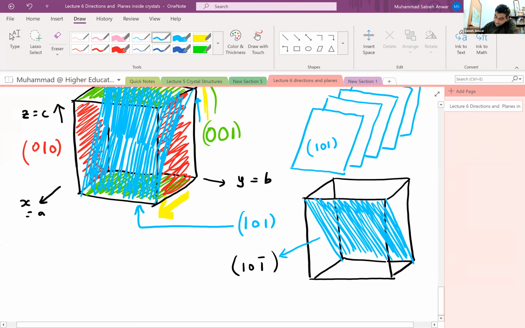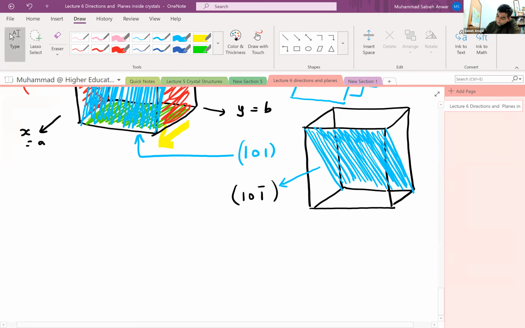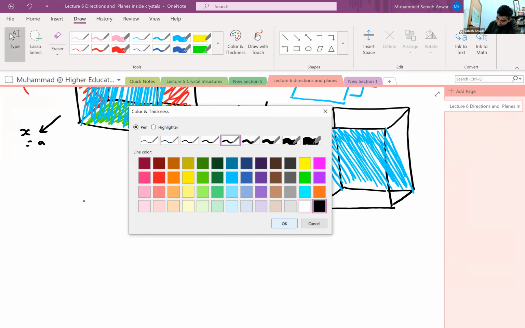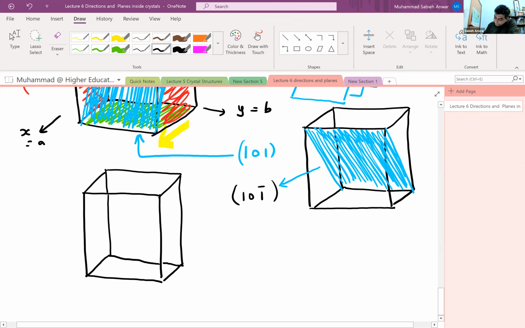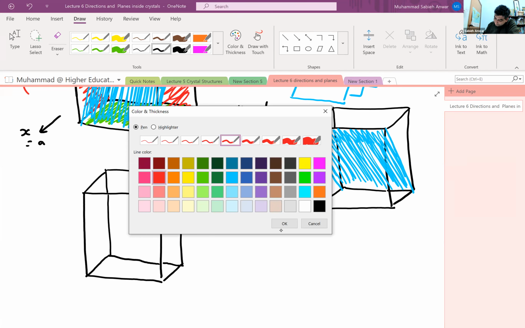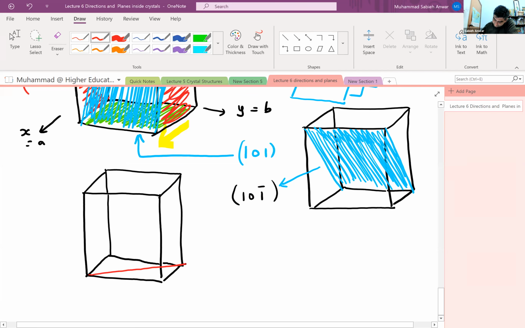All right, I can draw as many planes as I like. So let's draw some more interesting planes. I'm just sticking to the cubic for the time being. If I were to draw a plane of this kind, what kind of plane is this?